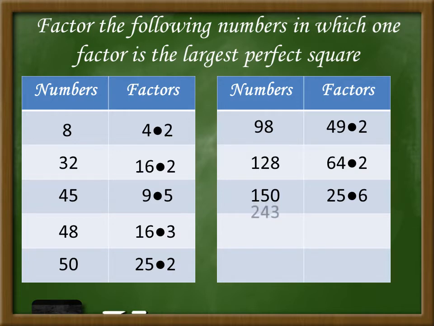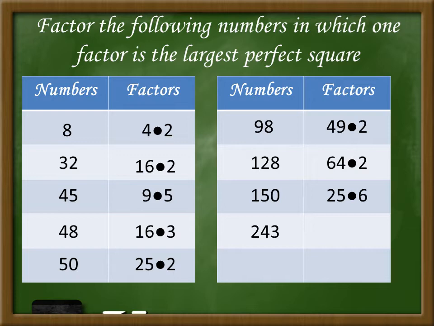Next. 243. This is quite difficult, but you need to look for the perfect square factor for 243. So you have to do trial and error for some perfect square factors.